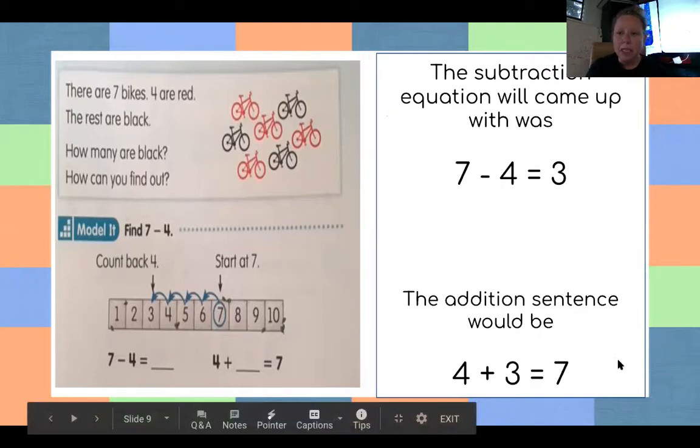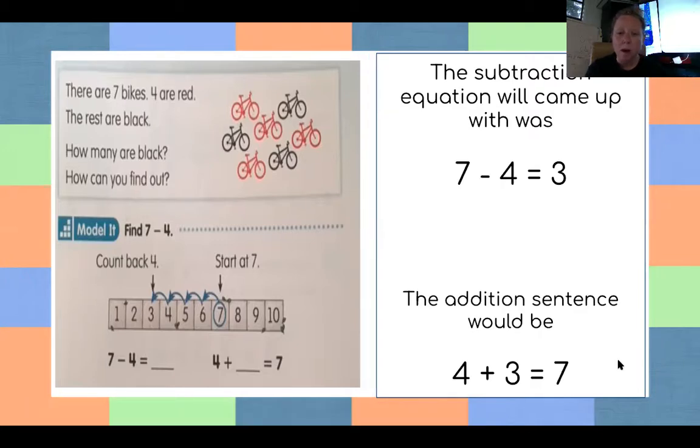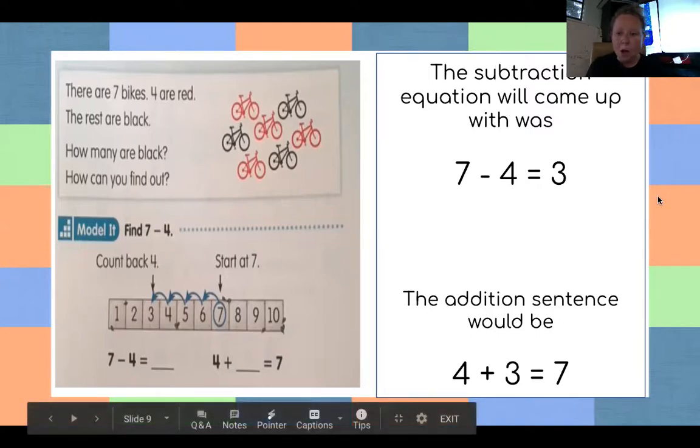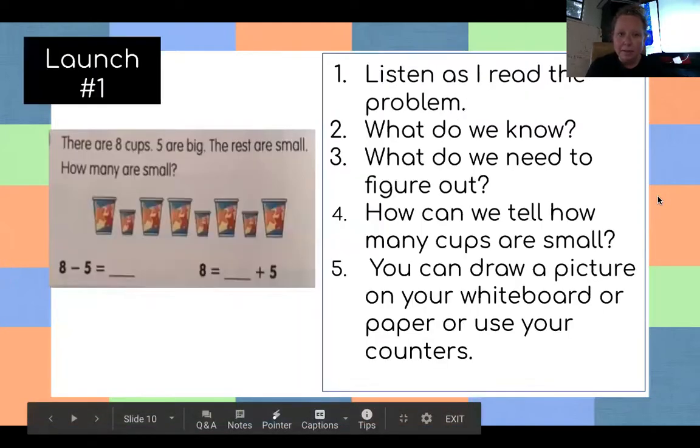So the subtraction sentence we came up with was 7 minus 4 equals 3. The addition sentence would be 4 red bikes plus 3 black bikes equals 7 bikes in all. Are you ready to practice this?